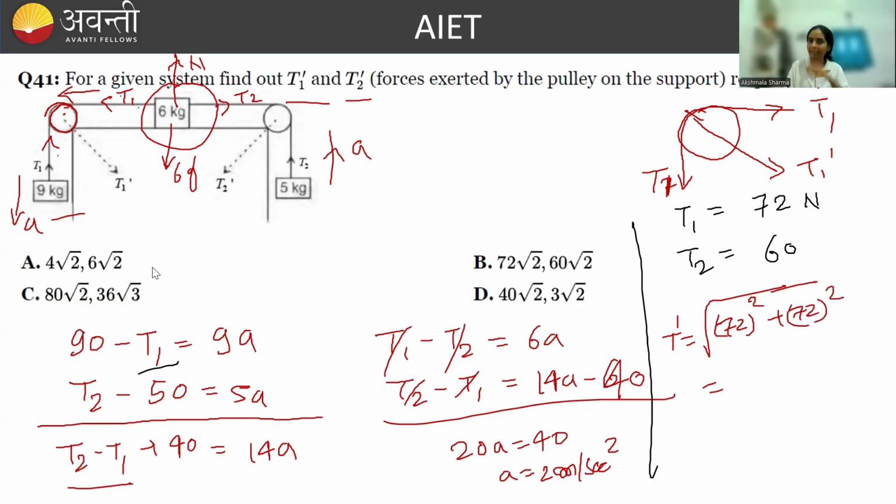Two forces we are adding at 90 degrees, right? This is one force, this is another force. Angle is 90 degrees. So square root of A squared plus B squared. This will give you 72 root 2. Similarly, this will give you 60 degree. Done. So the correct answer will be your B.